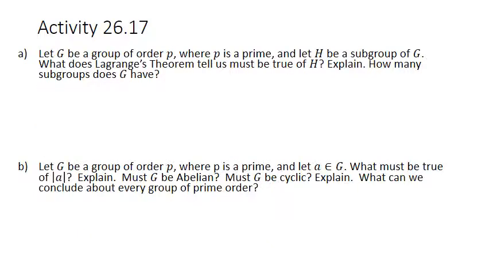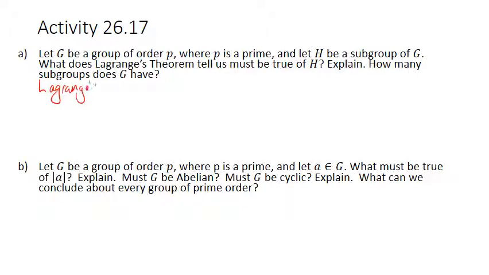So let's go over this activity. Let G be a group of order P, where P is a prime, and let H be a subgroup of G. What does Lagrange's theorem tell us must be true of H?